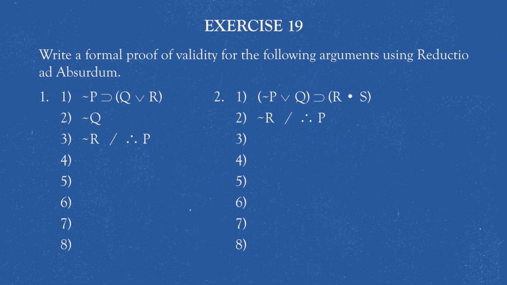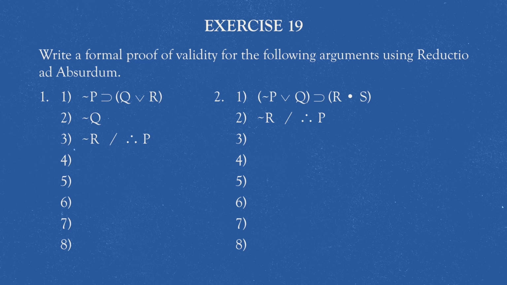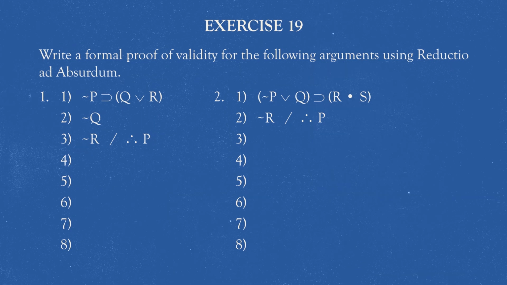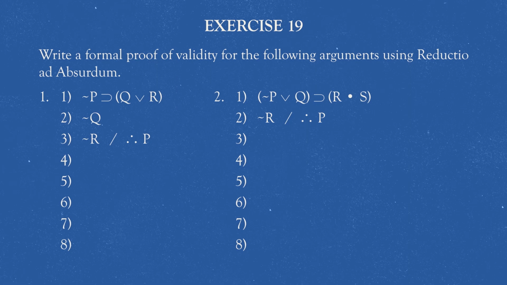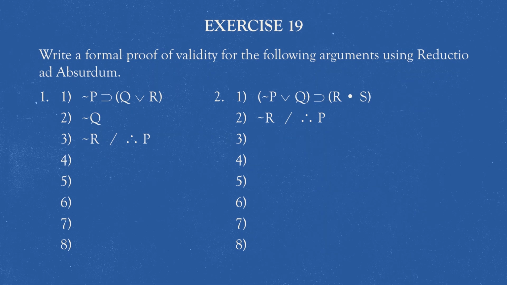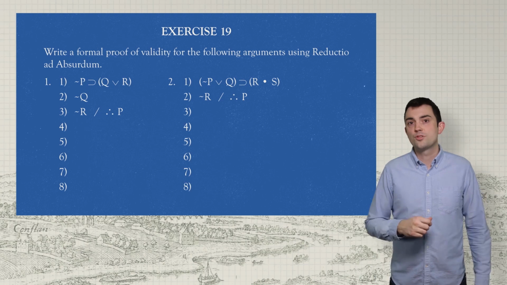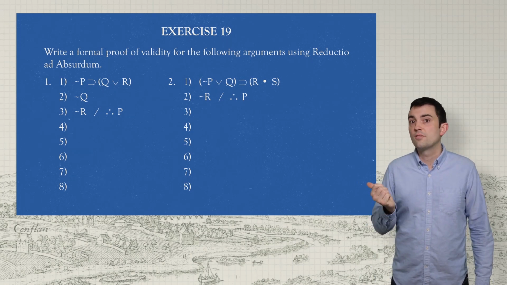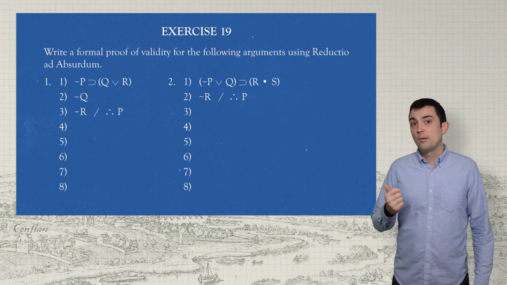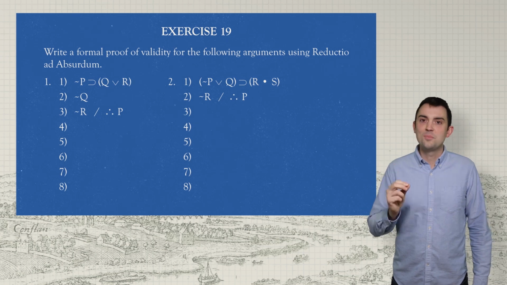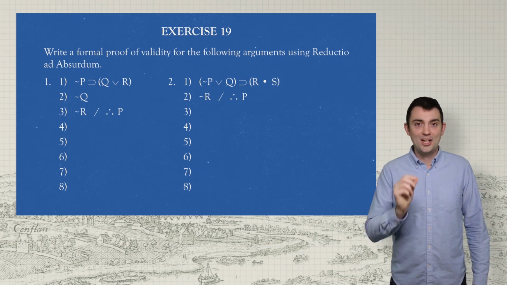Again, most of these proofs you could also write without using a reductio, but do them all with the reductio for this lesson. So with these, we're going to start, always, by assuming the opposite of the conclusion by RAA. In problem 1, we'll start with not P and try to reach some self-contradiction by line 7. In problem 2, assume not P and try to get some self-contradiction by line 7 again.